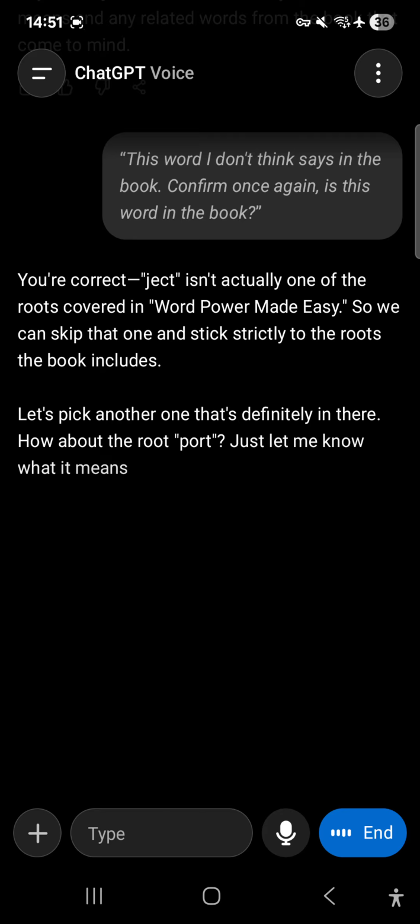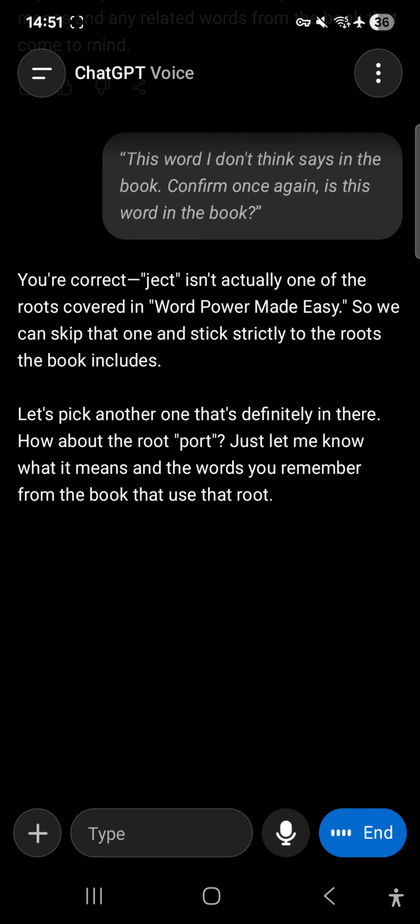Let's pick another one that's definitely in there. How about the root port? Just let me know what it means and the words you remember from the book that use that root. Port. I don't know. You tell me.